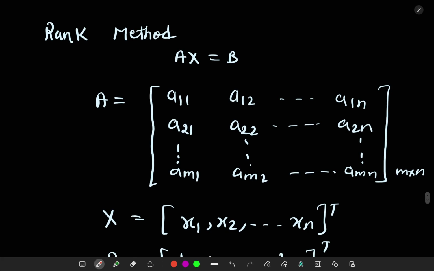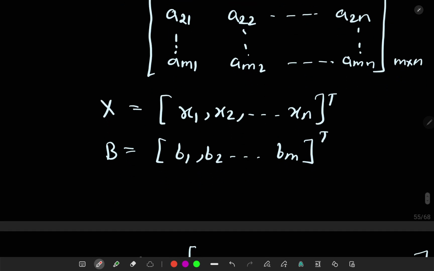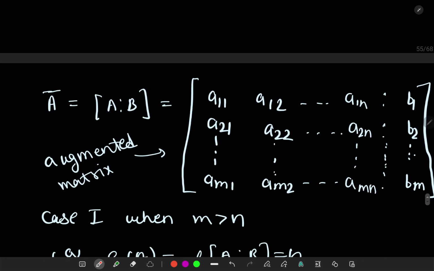Now, another method, the rank method. This is the basic representation of a non-homogeneous system, and this is the general matrix representation of matrix A, and this is the X matrix having a transpose, and this is matrix B having a transpose of matrix B. So in this method we use the augmented matrix.